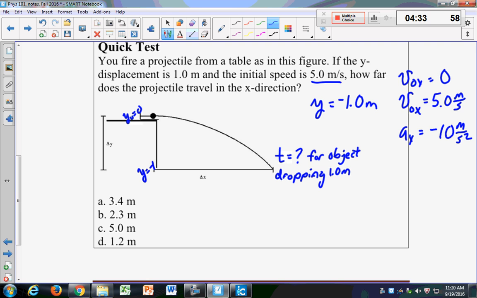In that time, it's able to travel a certain distance in the x direction. While you're working that, I'm going to write your equations over here. I'll give you a little bit of a start.